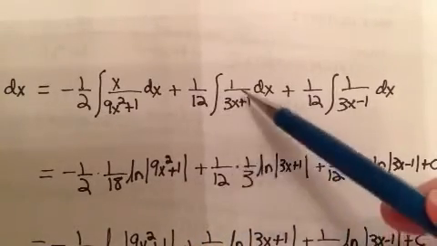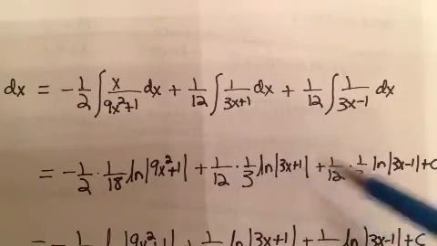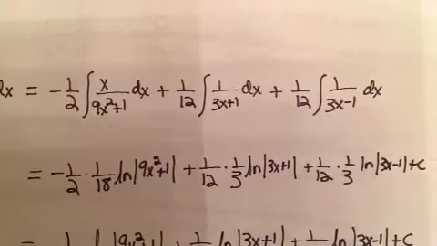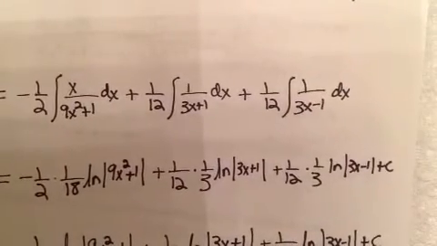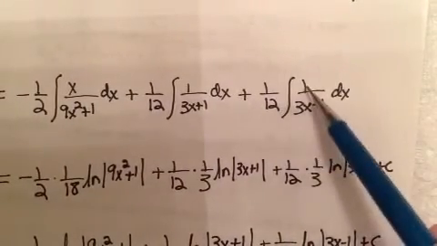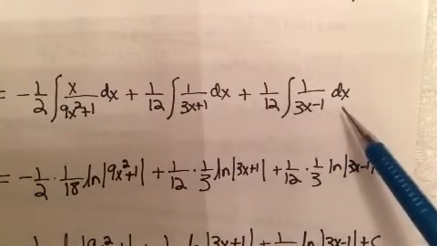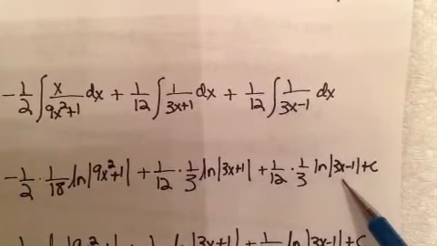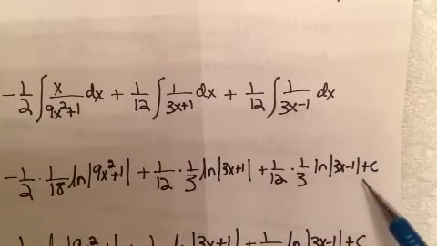Then we have 1/12 times 1/3 of the natural logarithm of 3x plus 1. And for what we had in D, again 1/12 times the integral of 1 over 3x minus 1, so we have 1/12 of 1/3 of the natural logarithm of 3x minus 1.